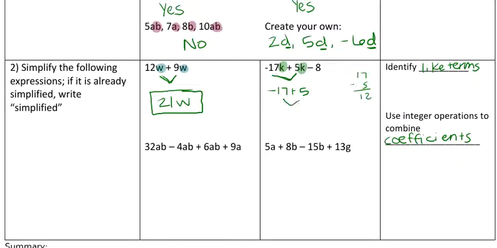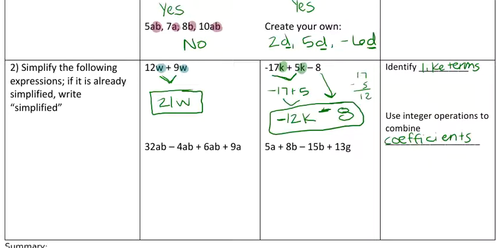So that would be 12. Do I have more positives or more negatives? I have more negatives, so it would be negative 12. And then we keep the k, because we're counting k's. So negative 12k. And then this minus 8 just gets tacked on at the end. Minus 8. That's a weird minus there, but that's okay. And that would be our answer.